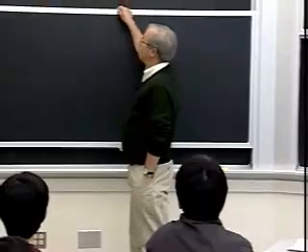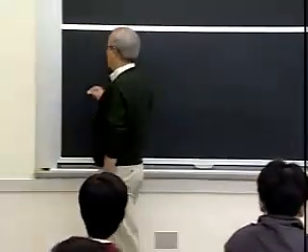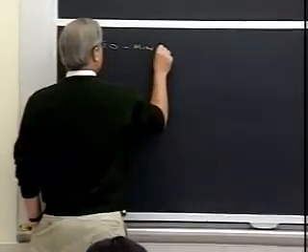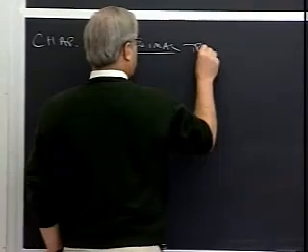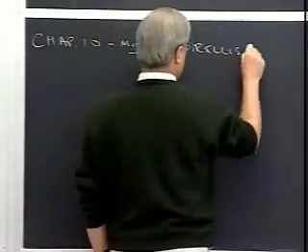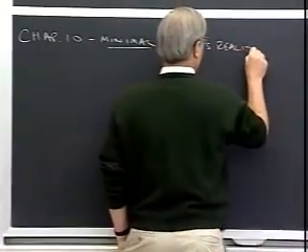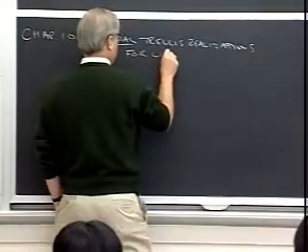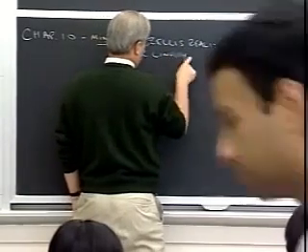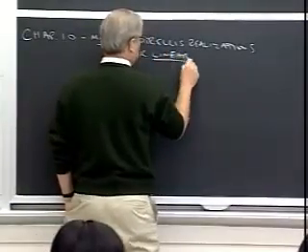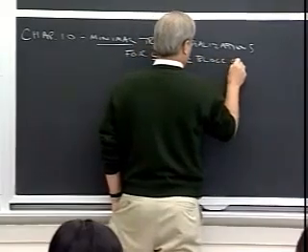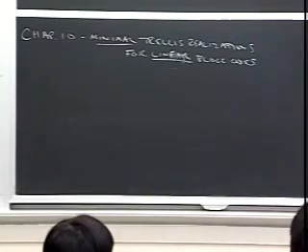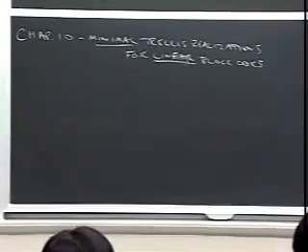So what have we been doing in Chapter 10? We've basically been getting minimal trellis realizations, or state-space realizations in system theory terms, for linear block codes. We've been focusing on binary linear block codes, but clearly everything we've been doing goes to block codes over any finite field, or in fact over the real or complex field.